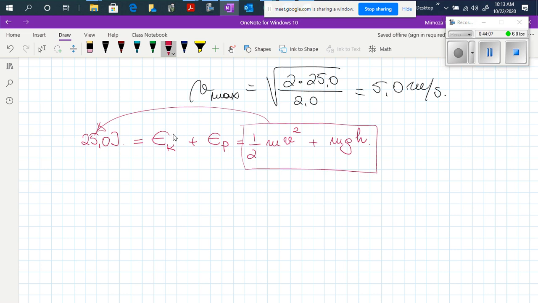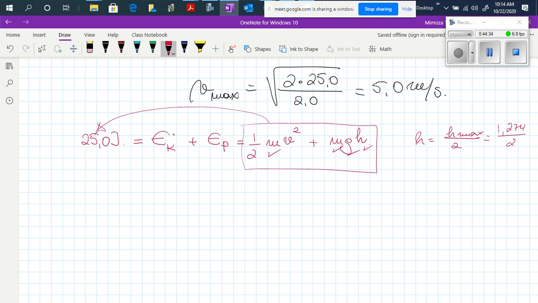On this side, we know what the mass is. We know what g is, 9.81. We know what the height is, because the height is half of the maximum height, or 1.274 divided by 2. This is the height. And we are looking for the velocity.